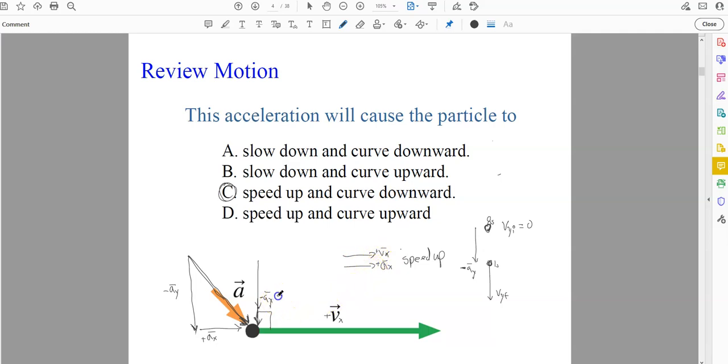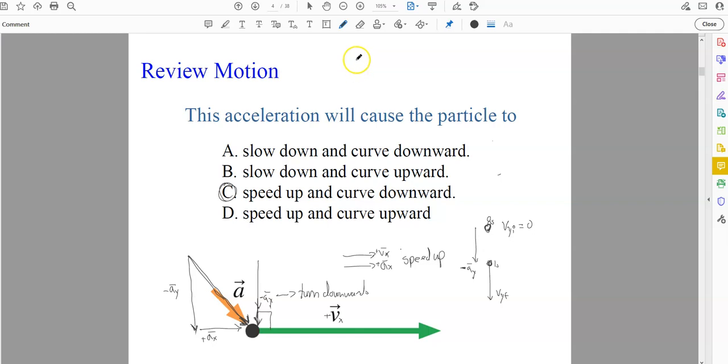So this one is just going to turn it. It's going to turn it downwards, so it's going to cause this guy to begin to move down. While this acceleration vector right here is going to cause it to speed up in the x direction.